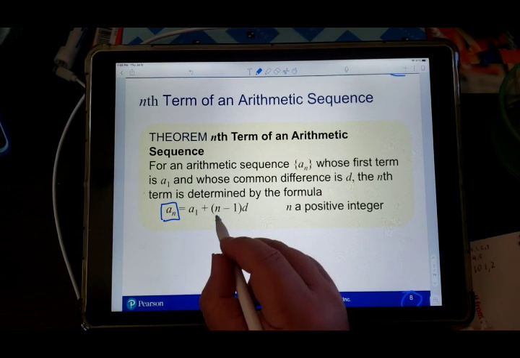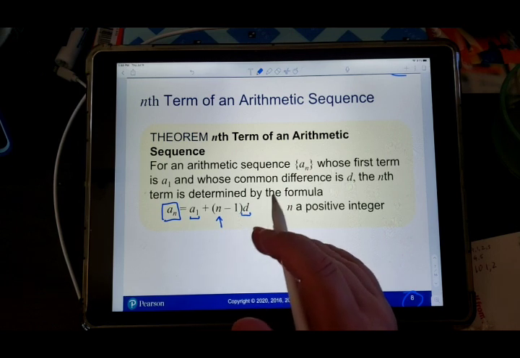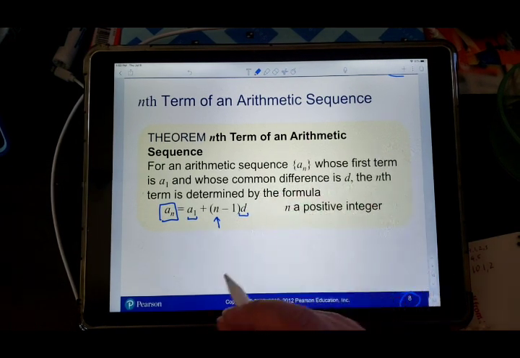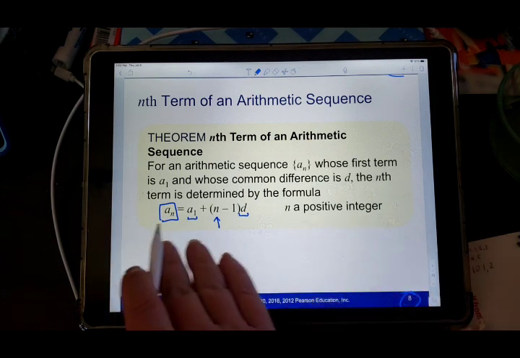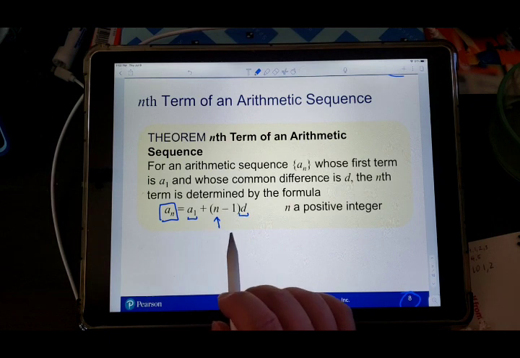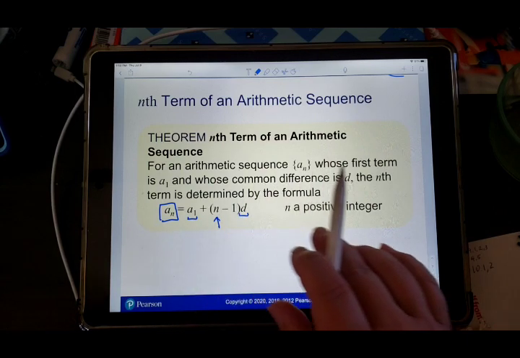So n's the only variable here. a1 and d are numbers that we just know, once the problem starts, or we need to find. But this is an amazing breakthrough. We actually have a formula to find the formula for a sub n. I call it an amazing breakthrough, but you only know that if you were looking at the 9.1 sections recently.